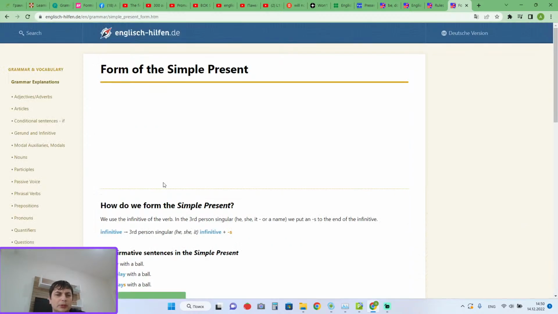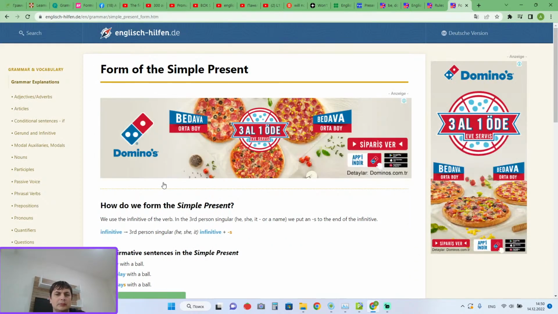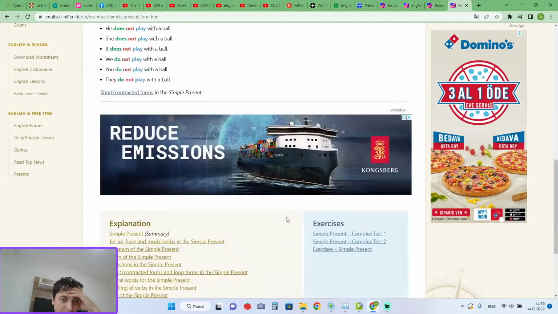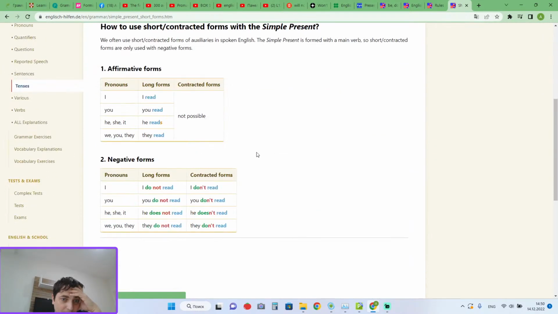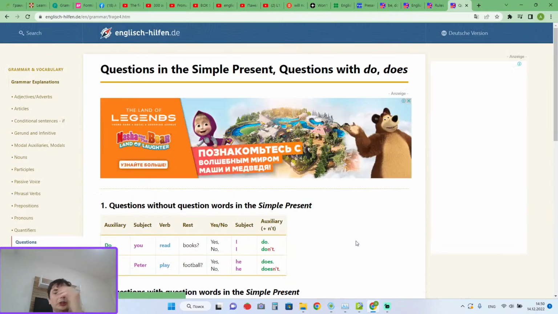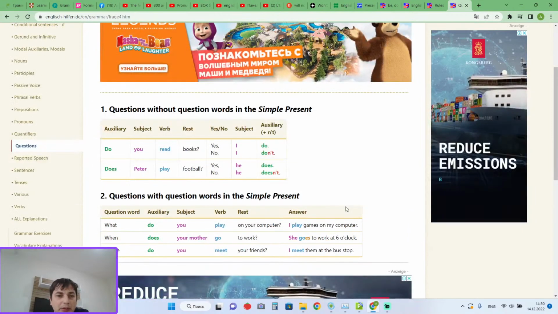Form of the simple present. Question in the simple present. Question without question words in the simple present.